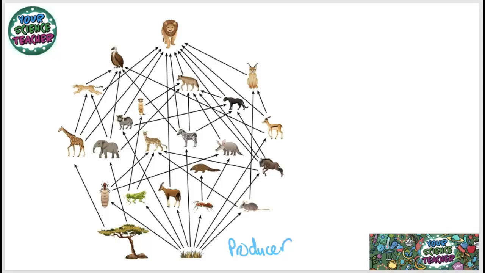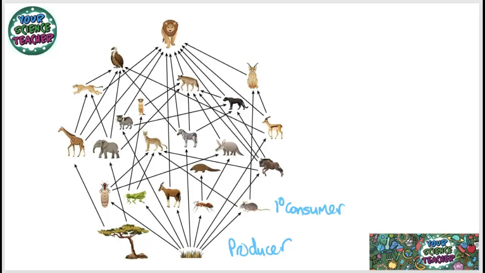It also means that there is the most of this in our ecosystems, so there are more producers than anything else in our ecosystem, or they would not be able to support all the life. After our producers, we have our primary consumers, and our primary consumers eat the producer, and that means that energy gets transferred from the producer to that primary consumer.